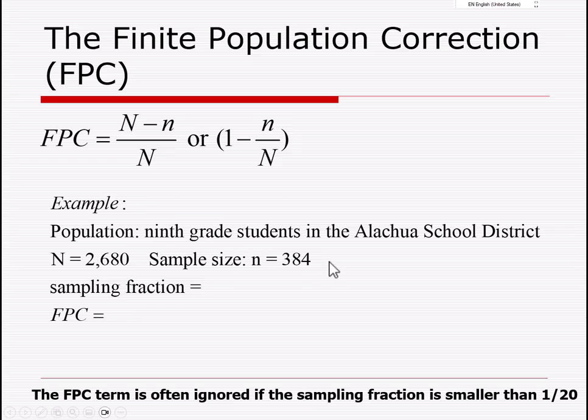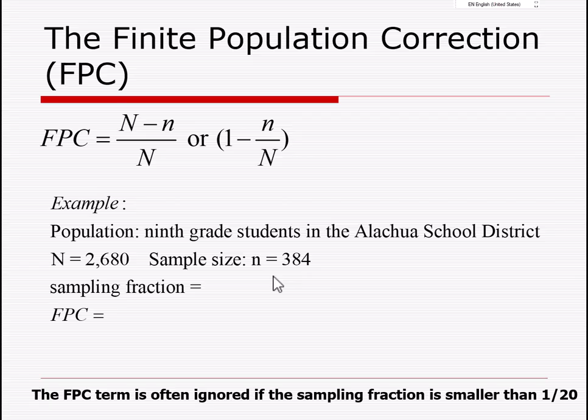You want a sample size of 384 for a 5% confidence interval. That is a pretty large chunk of the population, right? So 384 divided by 2,680 is 0.14, so you are sampling 14% of that population.